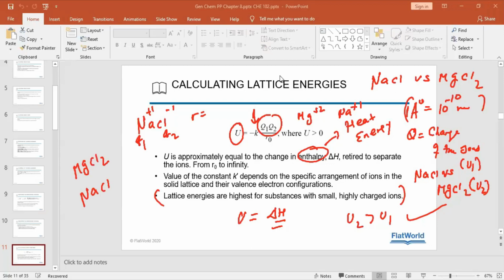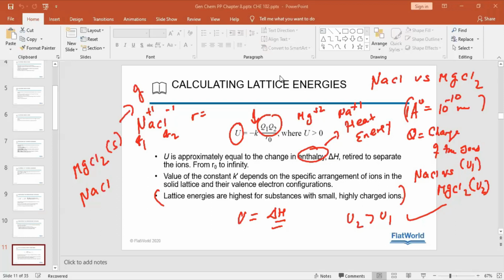Since the lattice energy of magnesium chloride is greater, you need more energy to break up the bond, right? A boiling point means you are changing solid magnesium chloride to gas. So you need to invest a maximum amount of energy to break up the bond.